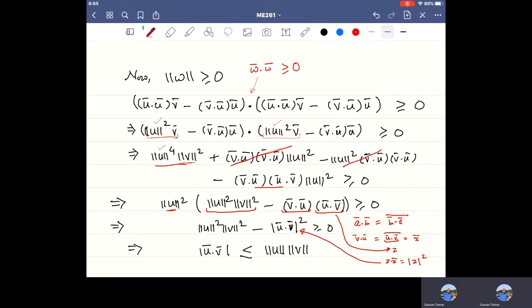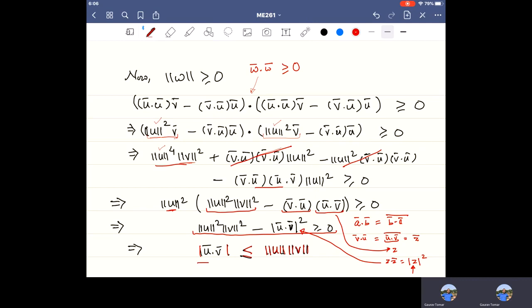And this is a positive quantity, so the absolute value of z is always positive. If the squares satisfy the inequality, then their square roots will also satisfy it, and you get the absolute value of u dot v is less than or equal to norm of u into norm of v.